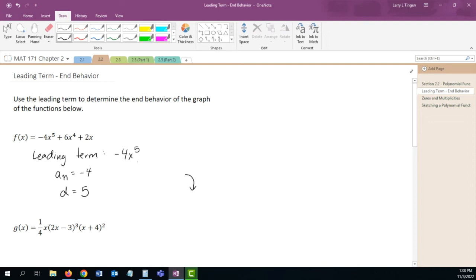What about when x is getting more and more negative? When x is negative 10, negative 100, negative 1,000. I take negative 1,000, I raise it to the 5th, my output is still negative, right? And then I take a negative output and I multiply it by another negative number. So that means as x is heading toward negative infinity, my function is growing.